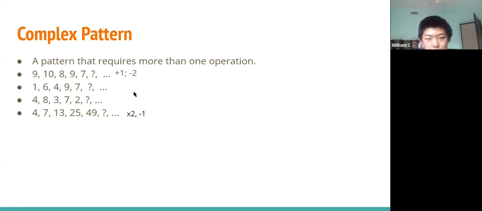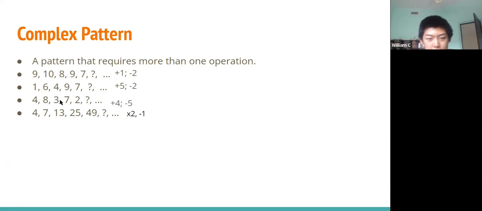In this case, you can see that our operations are plus 5 and minus 2, because that is how the pattern goes. 1 plus 5 equals 6, 6 minus 2 equals 4, 4 plus 5 equals 9, and so on. In our third case, you can see that first we add 4, then we subtract 5, and so on.